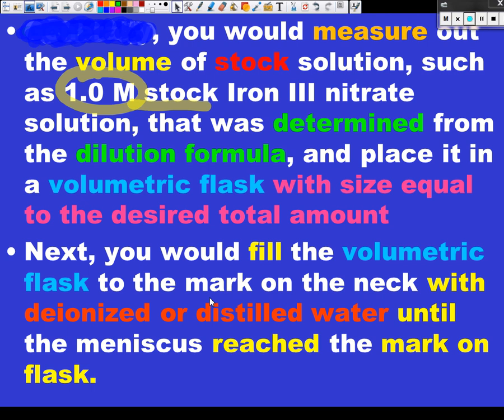Does that make sense? This is just like the last one, right? So the only difference between a dilution and a solution is that with the solution, you're starting with what unit? Grams. With a dilution, you're starting with a molarity and volume. Does that make sense? Yes, no, maybe?